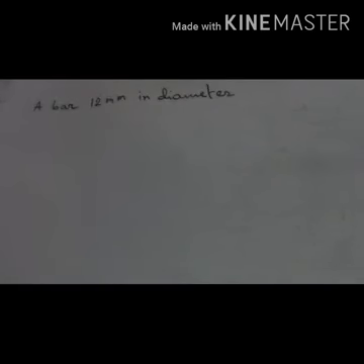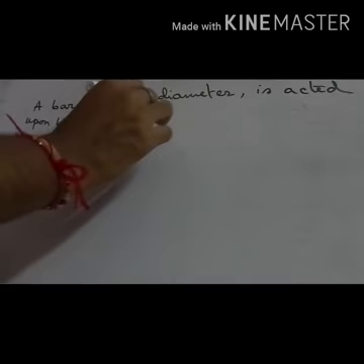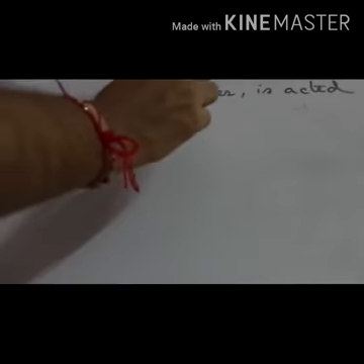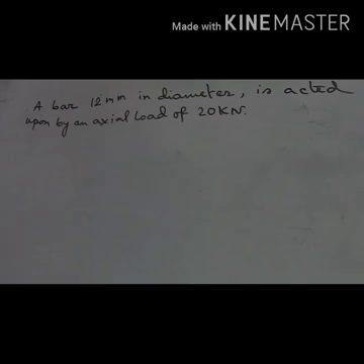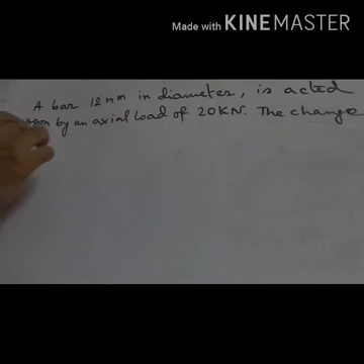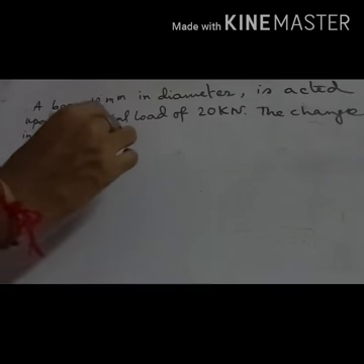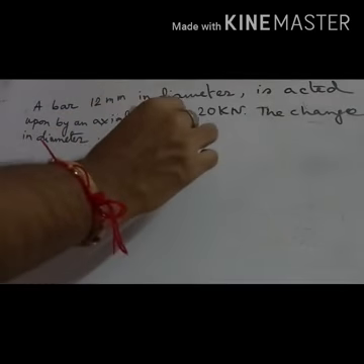The change in diameter is measured as 0.003 millimeter. Determine the Poisson ratio.